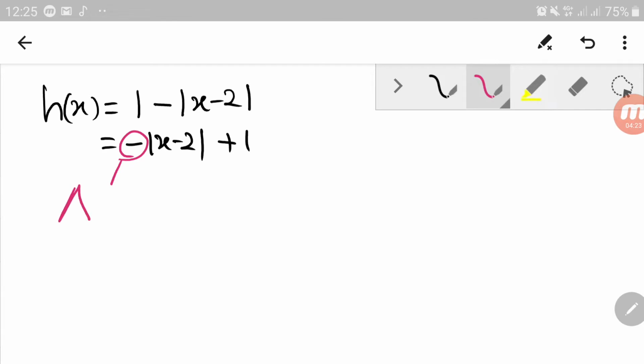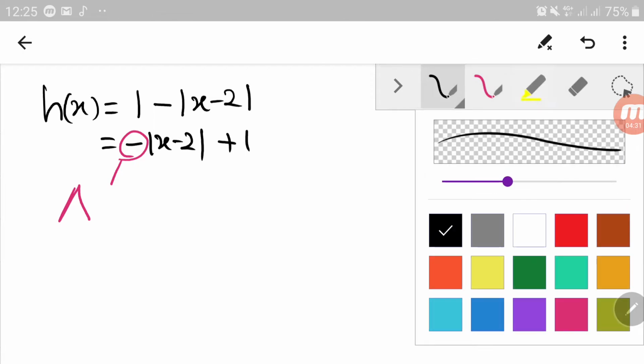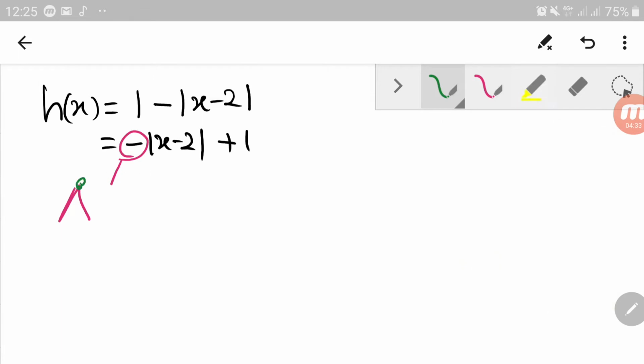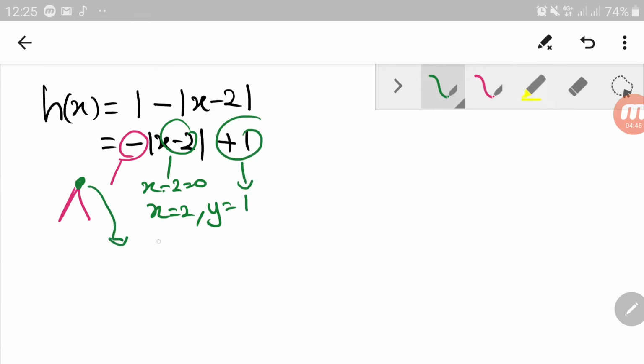It's an A shape, not a V shape, because it's a negative coefficient of the absolute symbol. Now how to find the point? It's easy. x minus 2 equals 0, x equals 2, and the value of y is just everything else there, so the point is at 2, 1.